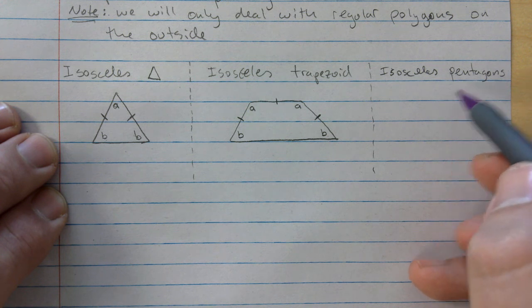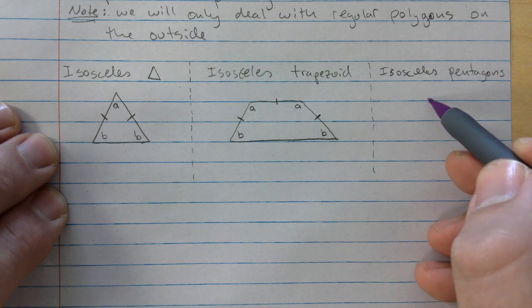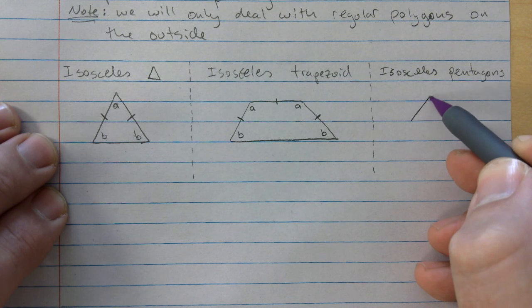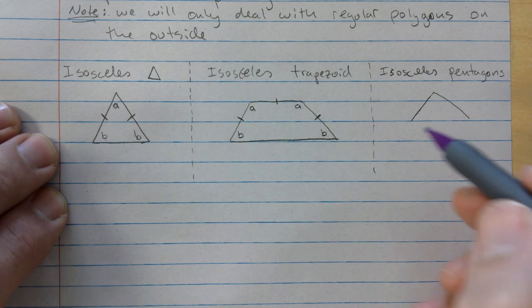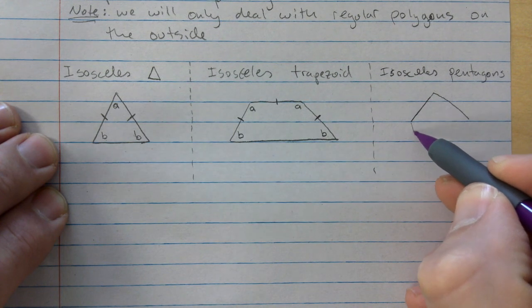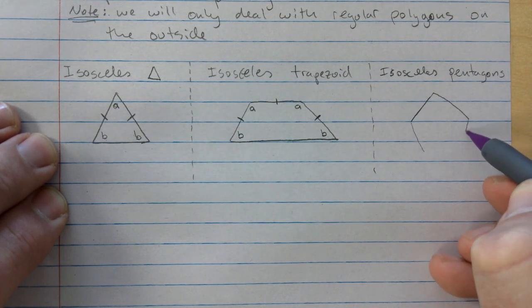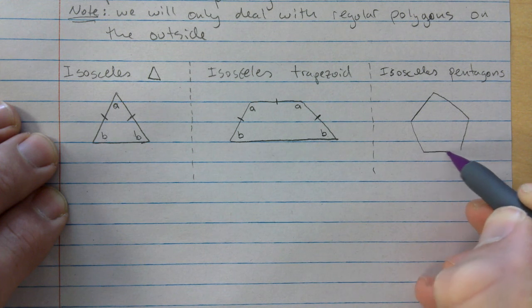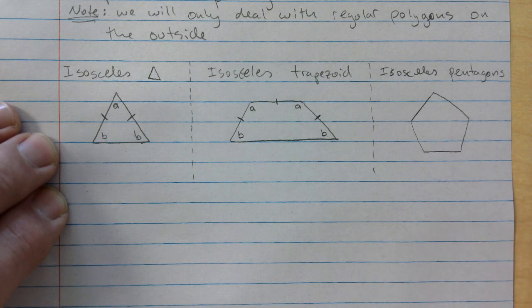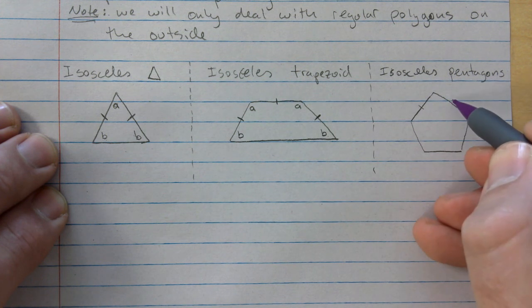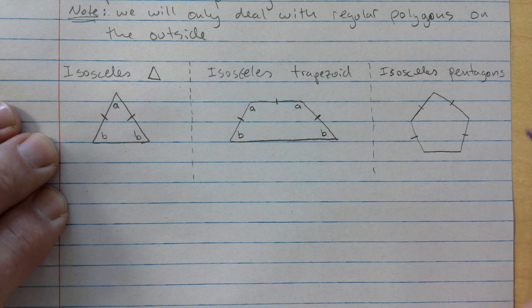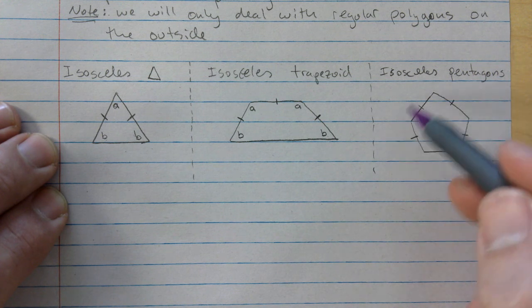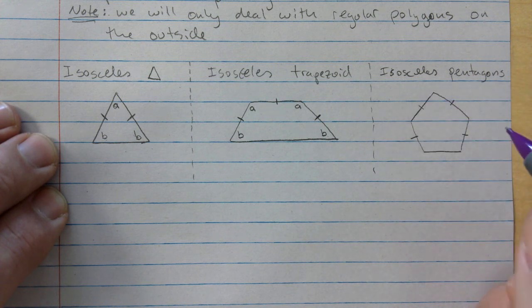And this one might be a little trickier, it's a pentagon, so just start with a roof maybe, like this, and then we'll go in just a little bit, like that. And so these sides are all going to be congruent, and you'll see why I'm doing that for our purposes.